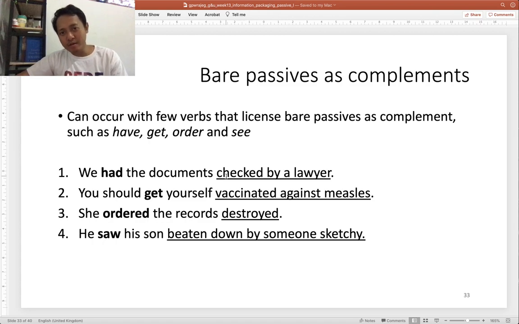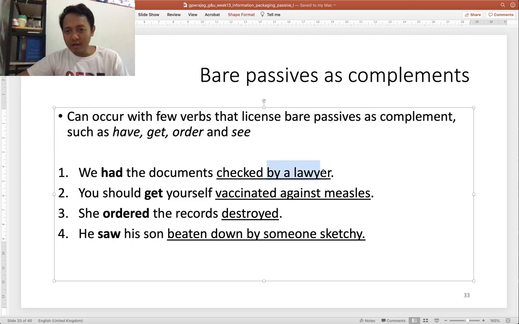The relevant past participle verb here is checked, but we see there is no be auxiliary or get auxiliary here. But we know a sentence such as one conveys a passive interpretation, especially by the presence of this by a lawyer phrase. So a lawyer here is the actor who checks the documents.